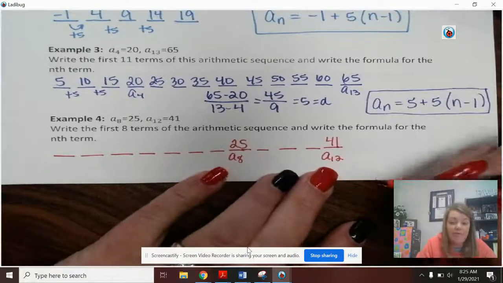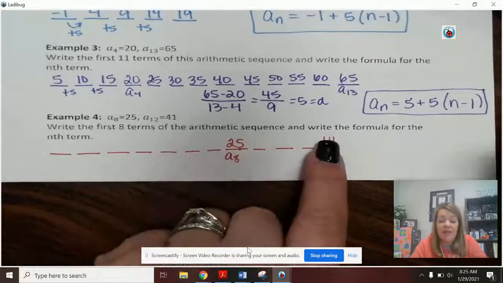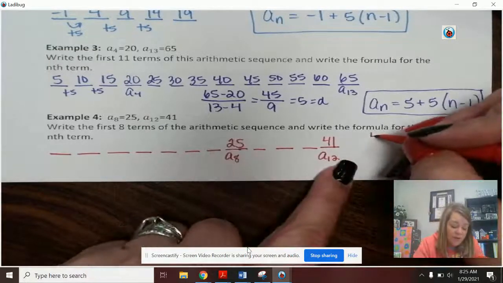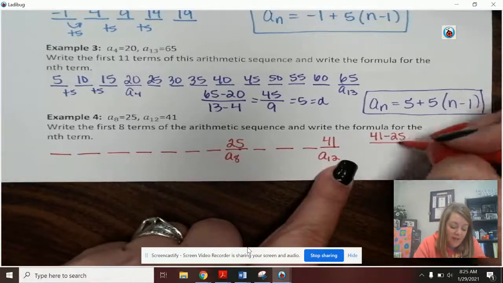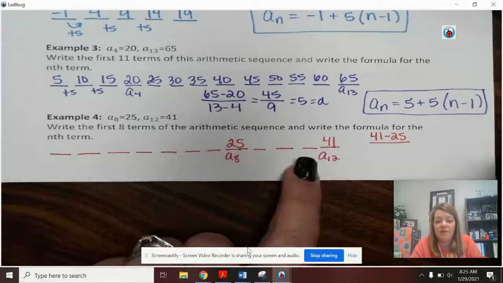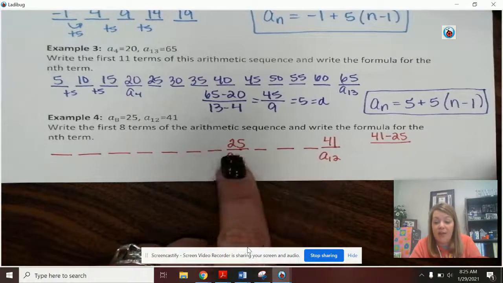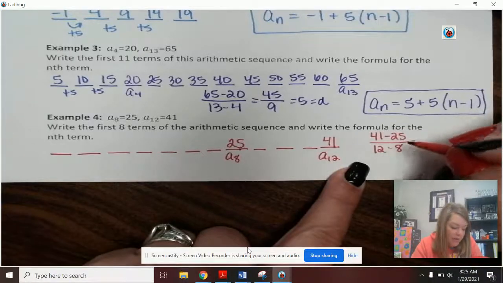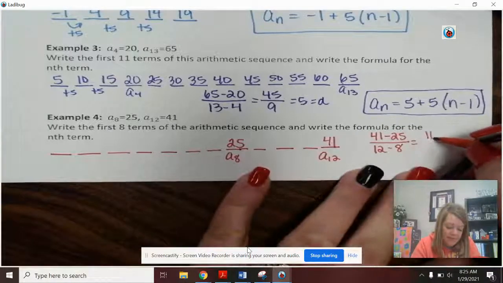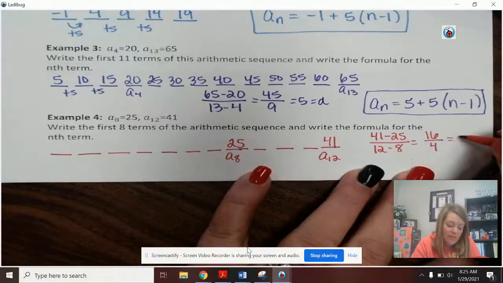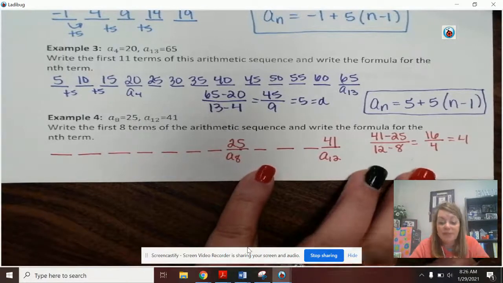So remember, to find it, it's pretty easy. You just subtract the first 2 terms, the biggest one from the smallest one. So 41 minus 25, divided by, on the bottom, you subtract the term numbers that they are different. So 12 minus 8. 41 minus 25 is 16, and 12 minus 8 is 4, and 16 divided by 4 is 4. So that's my d.